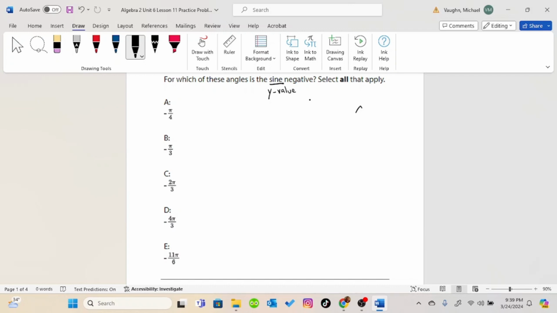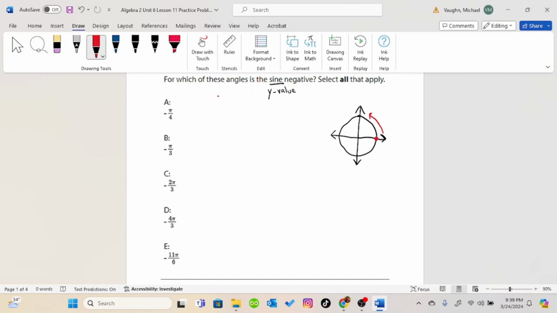So if we draw our unit circle, we are used to normally starting at point P and rotating counterclockwise.